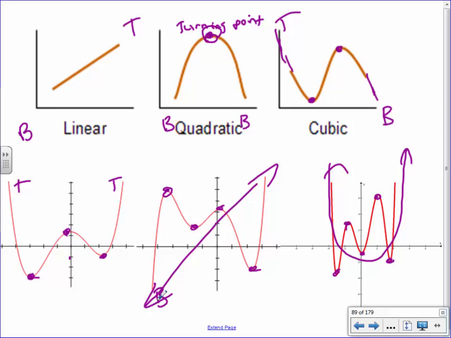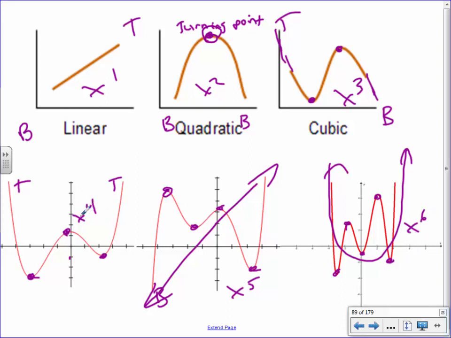It starts down here, it was supposed to end up there, and on the way, it takes a few detours. And so what that means is that anything to the power of 1, 3, and 5 should always go across the grid. And everything to the power of 2, 4, and 6 should start and end in the same hemisphere.